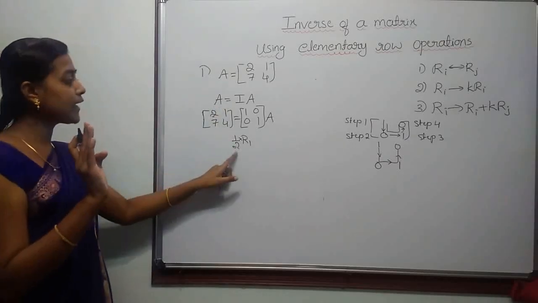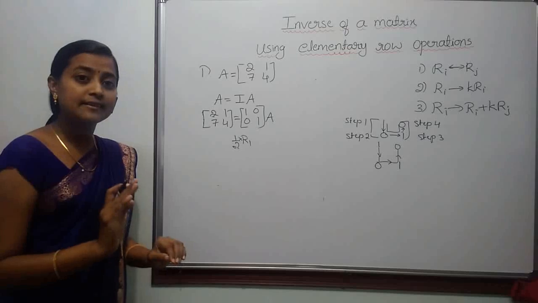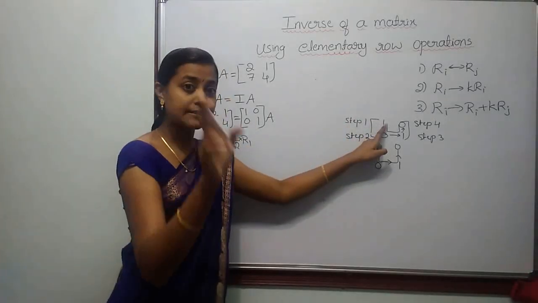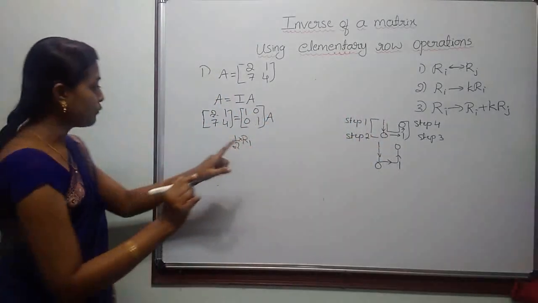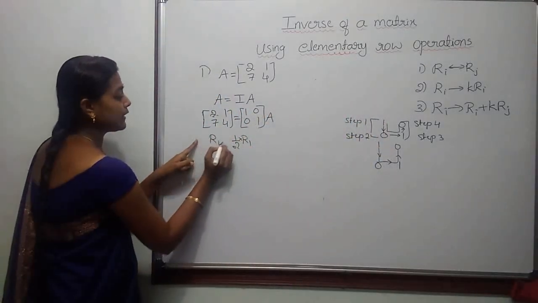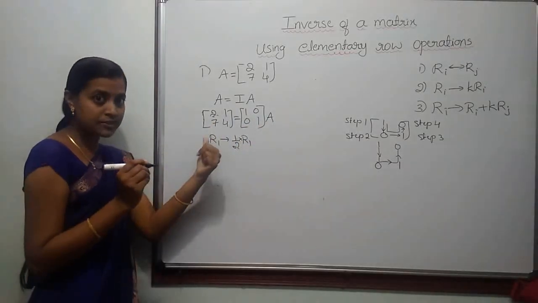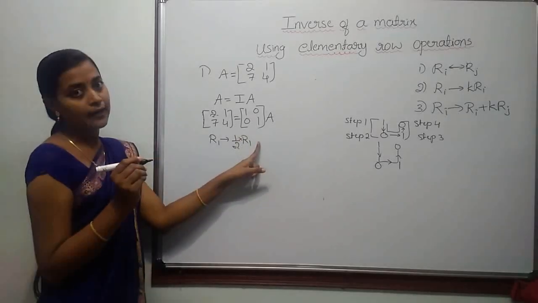So we are multiplying 1 by 2 to R1. And where do you have to write the result? We have to make the first element 1, means the result has to be written in first row only. So we write R1 changes to, this result has to be written in first row. So first row changes to 1 by 2 times of R1.